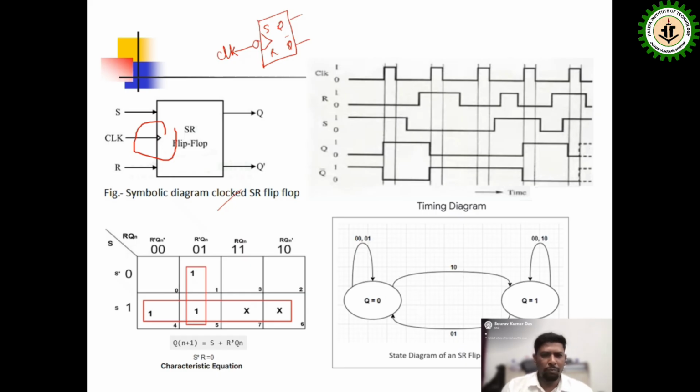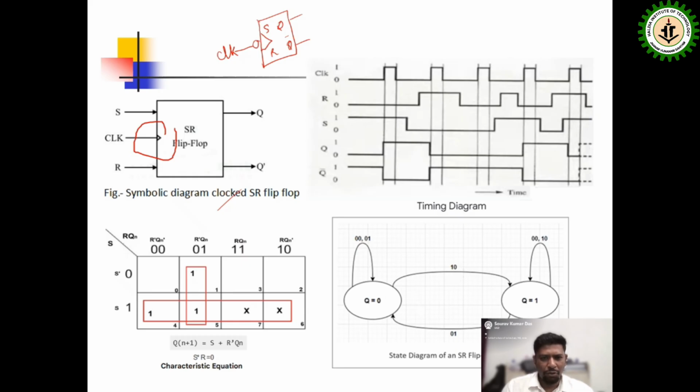So in the 0 0 0 case, the S value will be 0. From the truth table, you can see this position 0, this position 1, means this is the S bar R Qn. In the 0 0 1 case, Qn plus 1, the next state value, is 1.